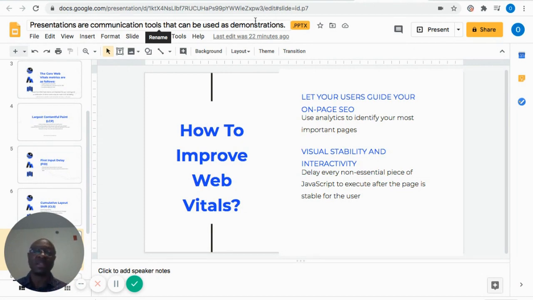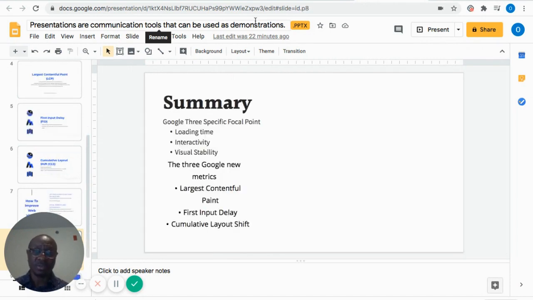I think we talked about that in our last presentation. I think I've actually gone through these Google updates, the Google Core Web Vitals and the metrics.